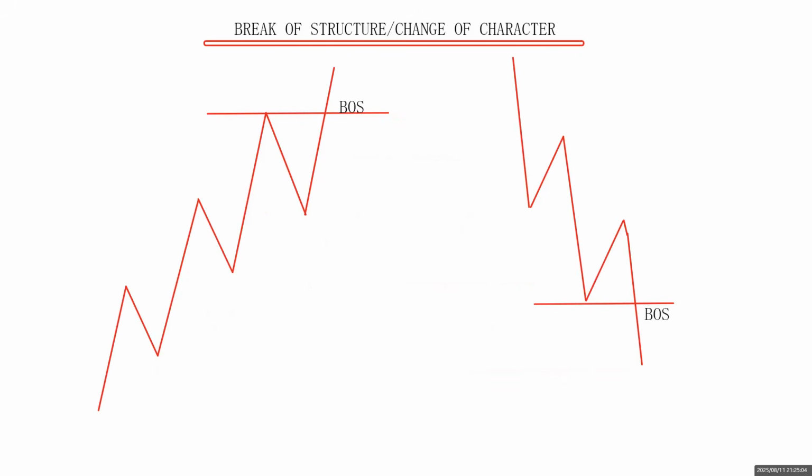On the right side, a break of structure means price just went ahead to create a lower low, but they are still of the same character. It means that on the left they are still clear structures of higher highs and higher lows, and on the right still clear structures of lower highs and lower lows. This is very important when it comes to break of structure.